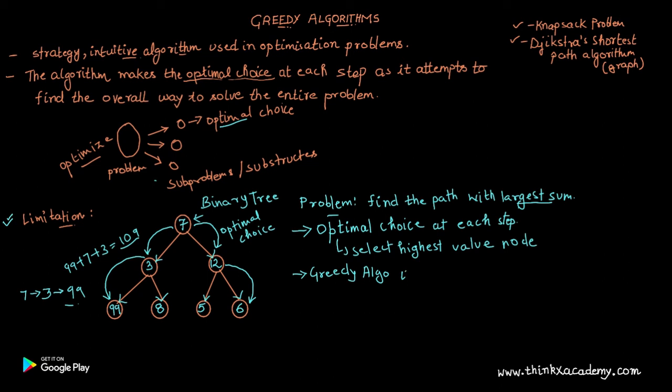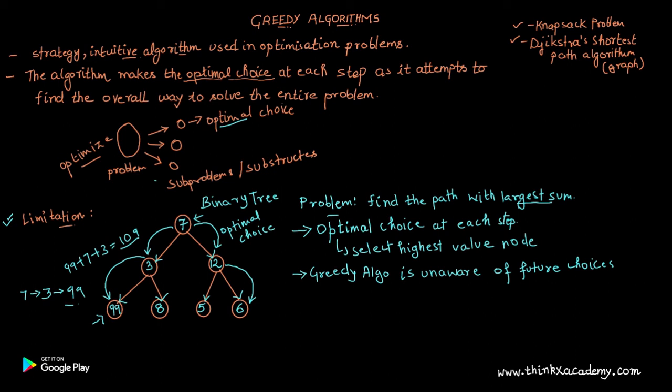is unaware of the future choices. So you can see that in this example, the greedy algorithm was going from 7 to 12 to 6, but it was unaware that in this path there is a node with a value 99, which is going to make the largest sum much greater than what it is actually choosing.